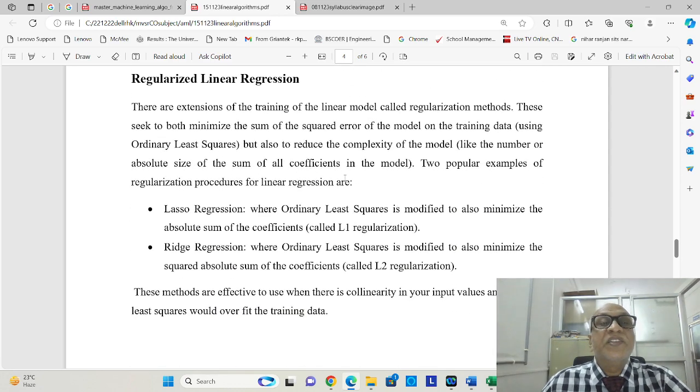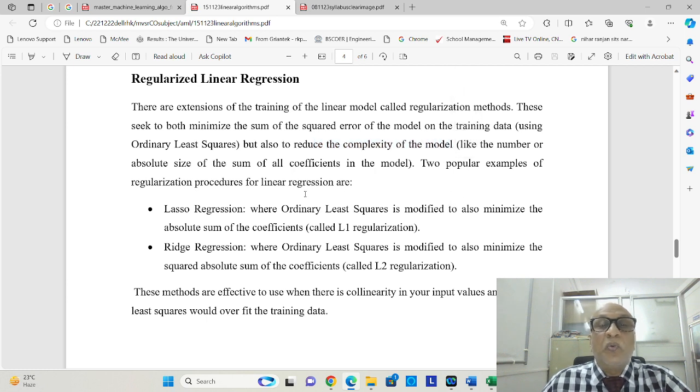Next comes regularization. Okay. What is regularized linear regression? Actually, they are the extensions of the training of linear model. What they will be trying to do, they will be minimizing the sum of square errors of the model, say using ordinary least squares, also reducing the complexity of the model.